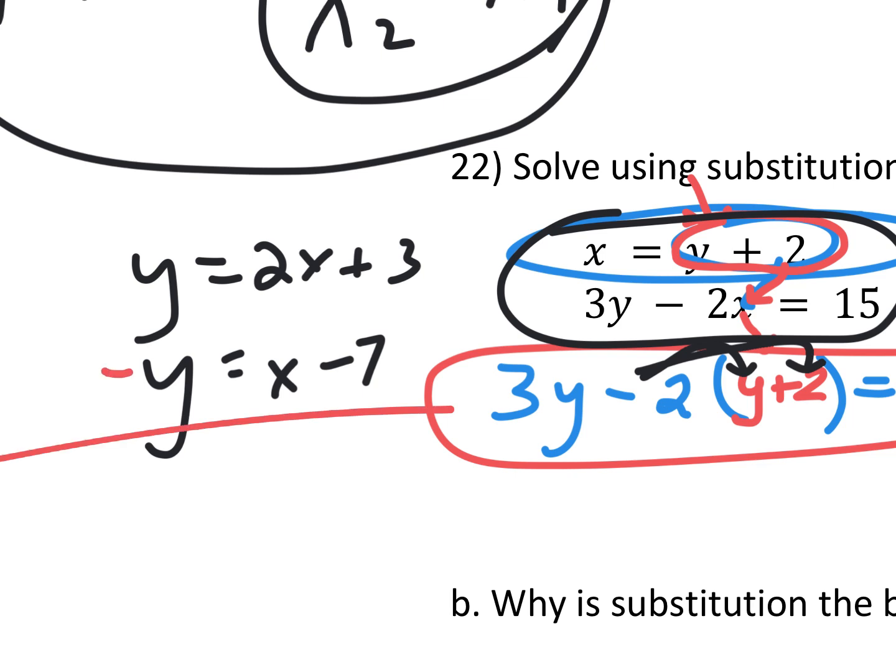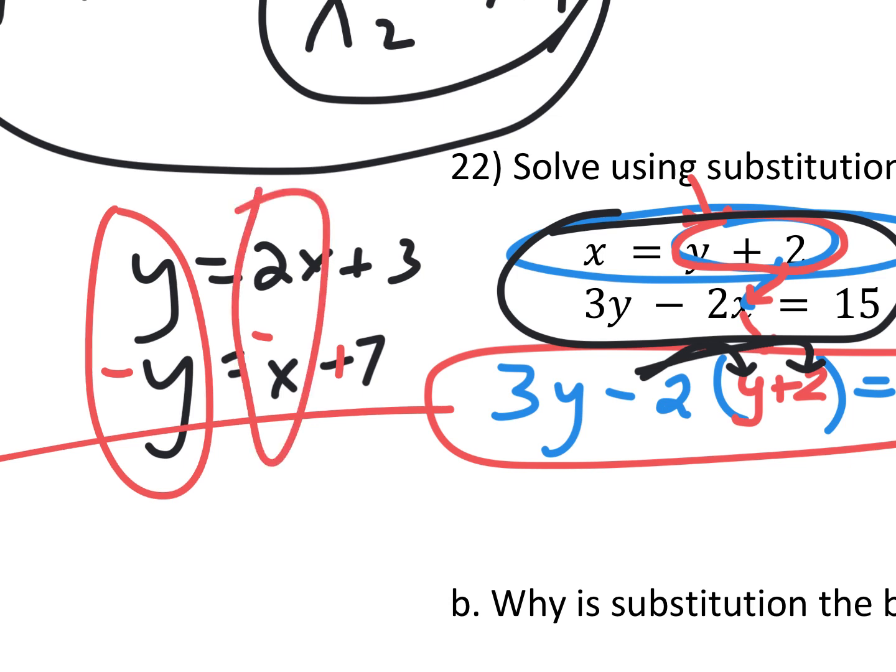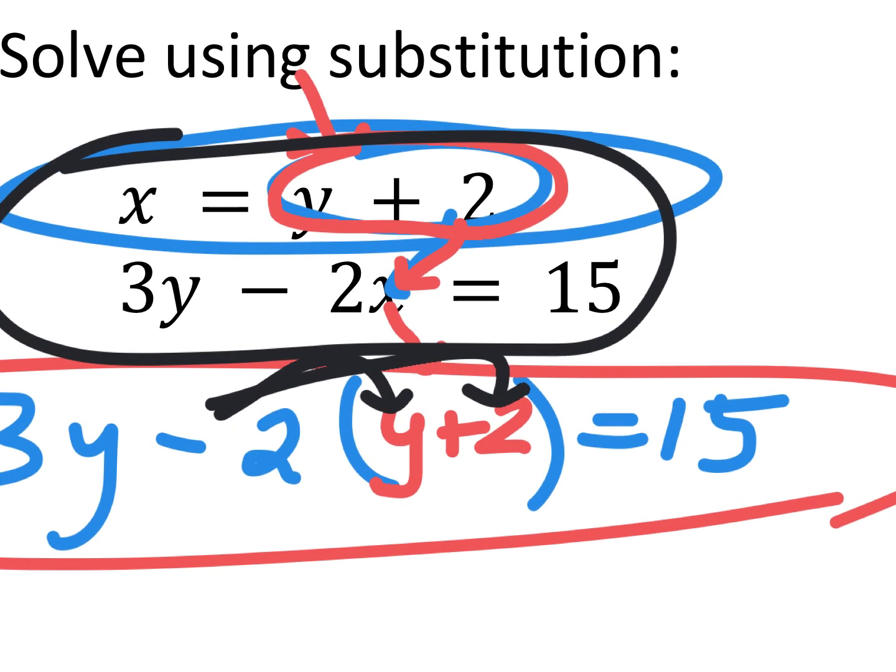You make all of these the opposite of what they were, and then these eliminate? Well, elimination is awesome if they're lined up like this, straight up and down so that the x's are above the x's. Okay, this would have been an okay one for elimination. This would not have been good for elimination because look, they aren't even on top of each other. They aren't lined up right. So elimination wouldn't have been good, but substitution is good.